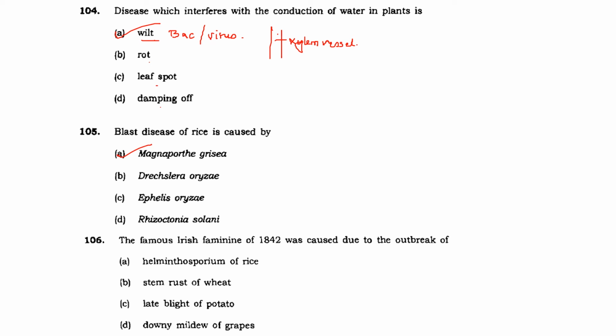The famous Irish famine of 1845 was caused due to the outbreak of what? Helminthosporium of rice? No. Stem rust of wheat, late blight of potato, or downy mildew of grapes? So the late blight of potato is the disease. So the answer will be C.